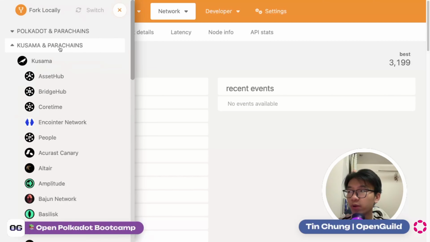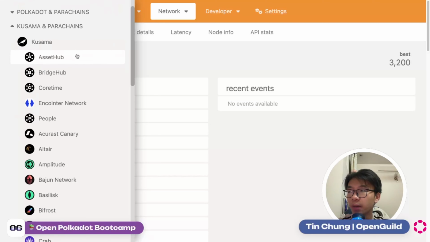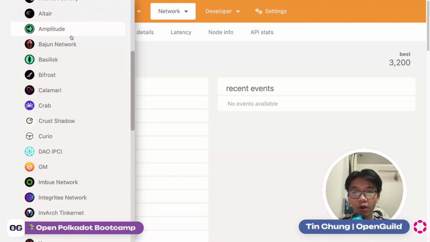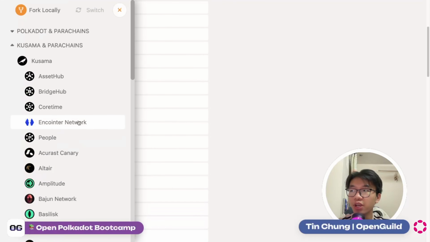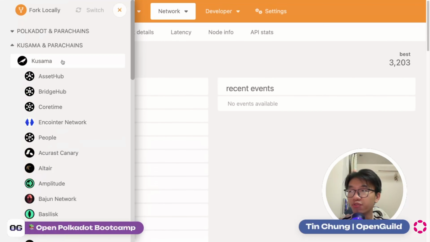But later, if you want to test the economic model of your blockchain, for example, if you build a DeFi parachain, you might want real money and real liquidity coming to the chain. In that way, you might want to consider pushing to Kusama. Sometimes you also want to test new features of the Polkadot protocol, so you can deploy on Kusama first before they go to Polkadot.